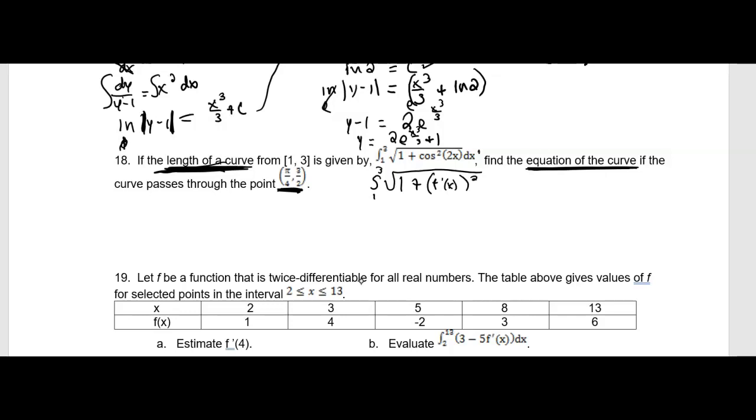So if you were told that this here is in fact your derivative, then for us, from 1 to 3, we've got to think, what are we squaring to create this term right here? That hopefully is pretty easy to see. It's got to be the cosine of 2x. What that means is that's our derivative. So f prime is the cosine of twice x.